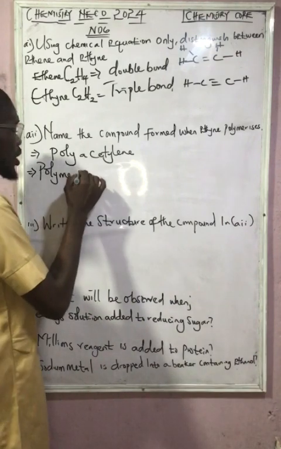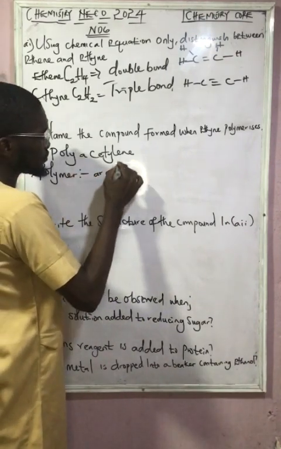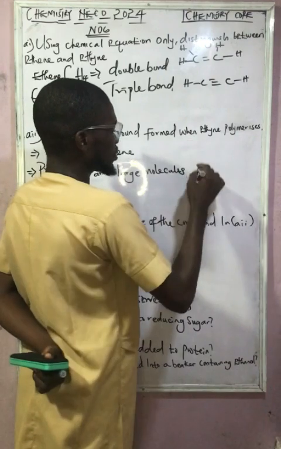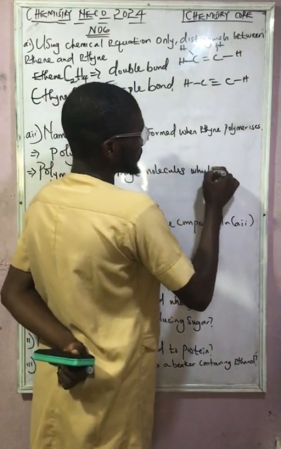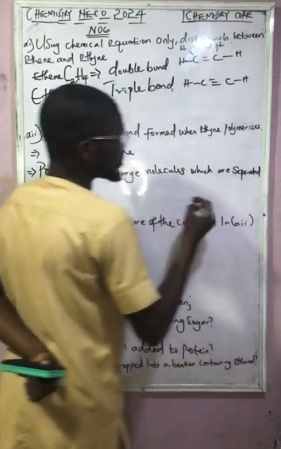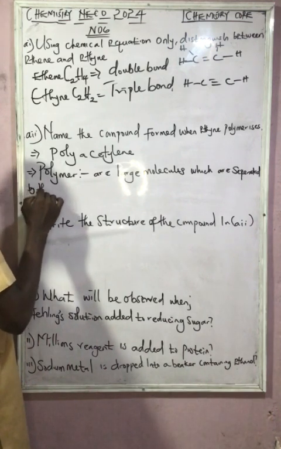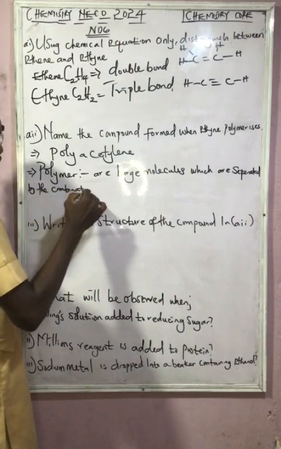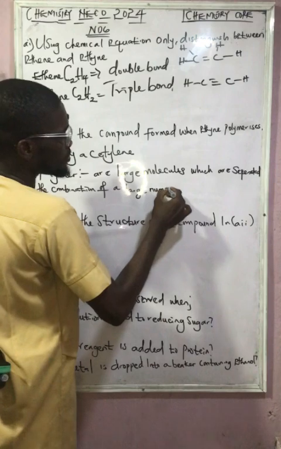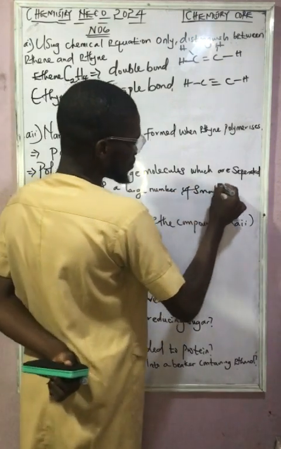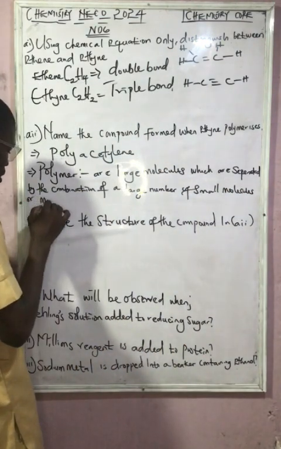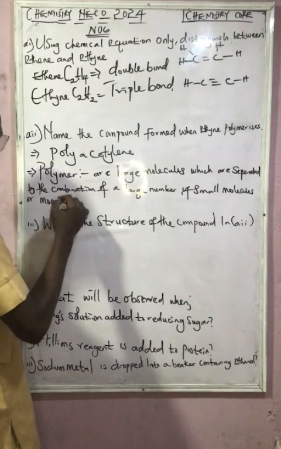Listen attentively, okay? Let's say polymers are large molecules which are formed by the combination of a large number of small molecules or monomers.